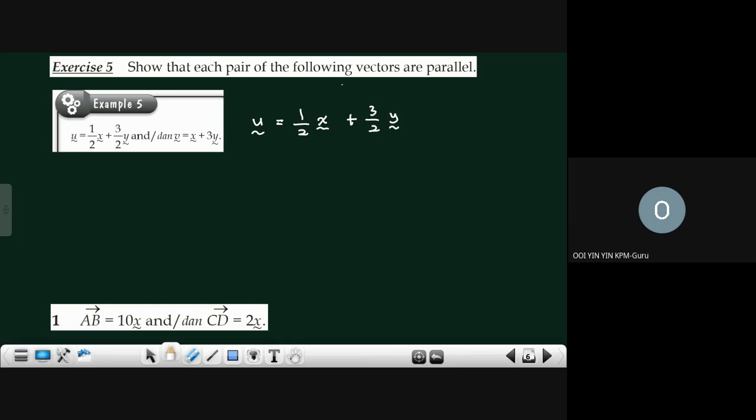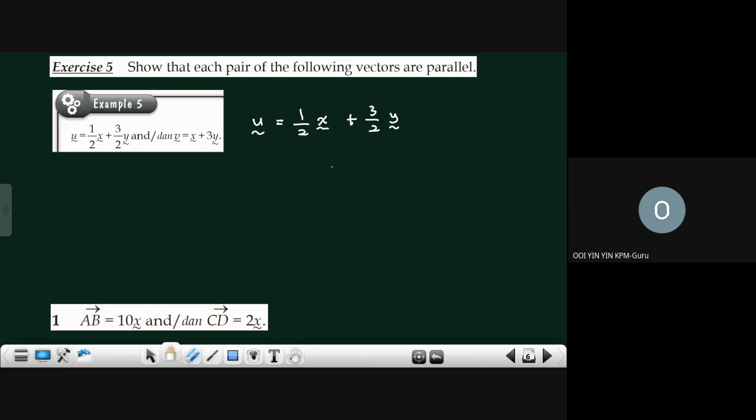One thing I want to remind you: when you write down your vector x and y, there must be a wavy sign underneath. It must be there. I wrote it sometimes and not other times, but when I write vector U equals vector x and y, you must have the wavy symbol underneath.